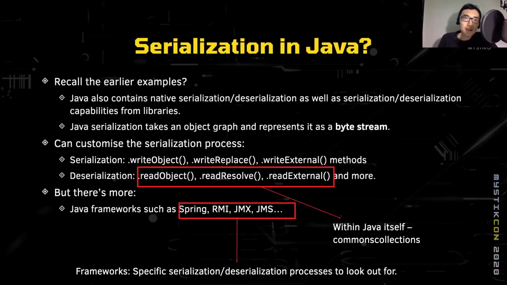So the point is that when we are doing code review and trying to exploit a Java deserialization vulnerability, I need to discover where the deserializers are located, right? You need to look out for, first of all, whether native deserializers are being used. This isn't too hard to find.